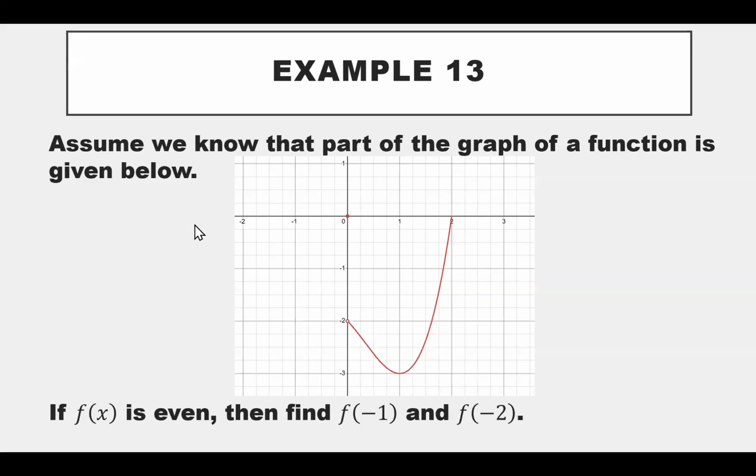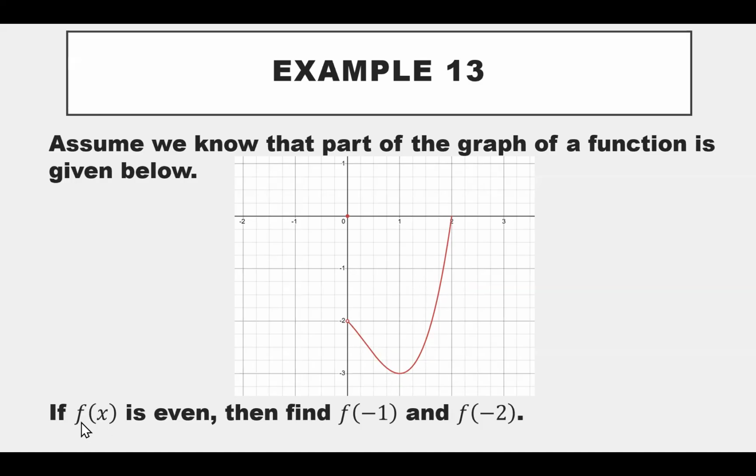Let's do another example. In this case, instead of having points on the function, let's say we have a graph of a function. Interestingly enough, we have to make sure we have a (0, 0) there, so this must be a piecewise defined function, and we have this piece of the graph here.